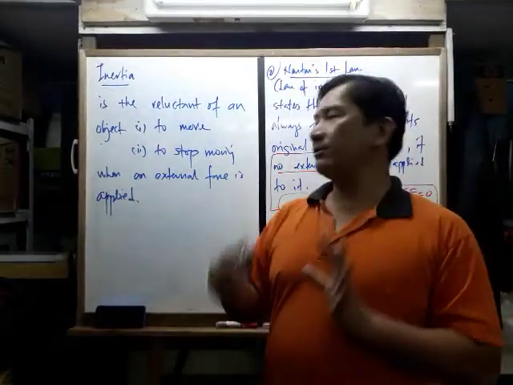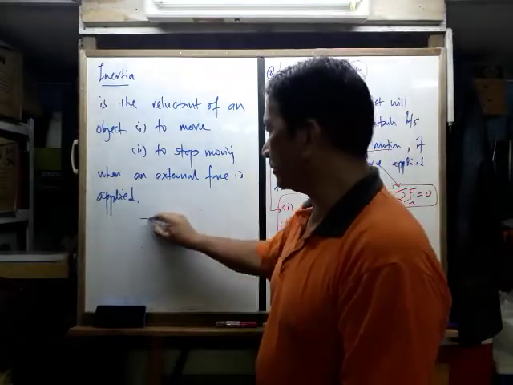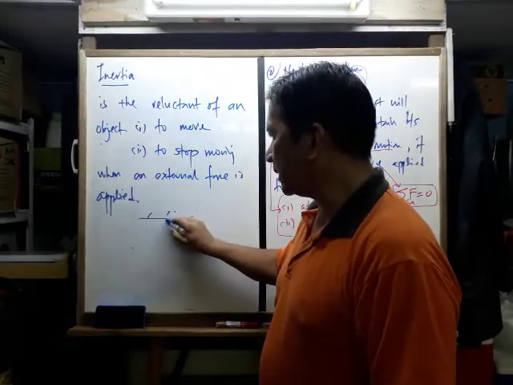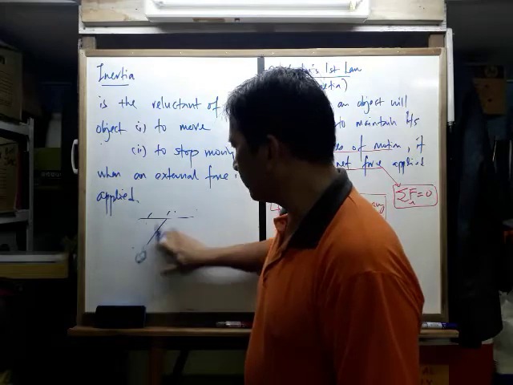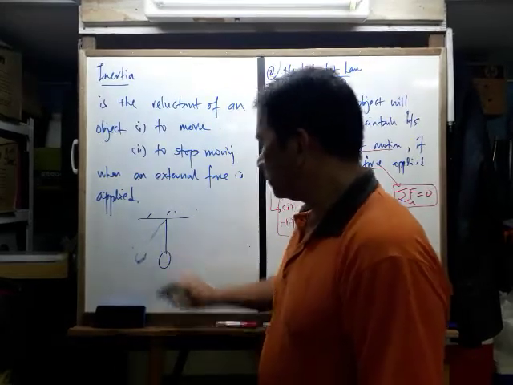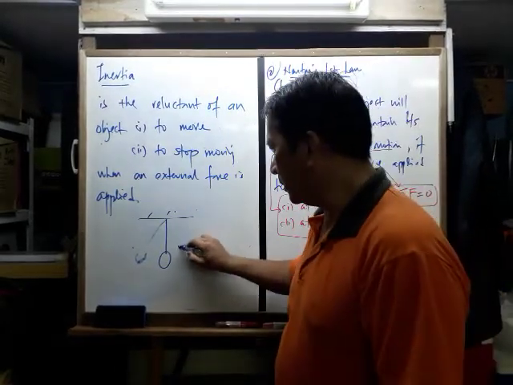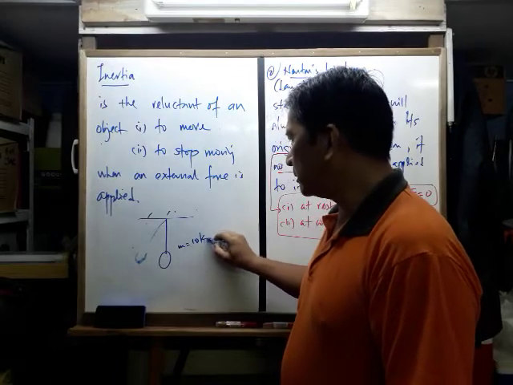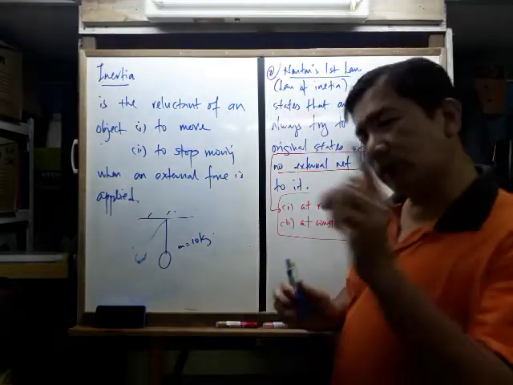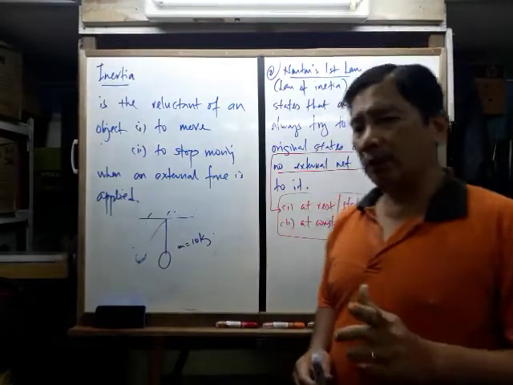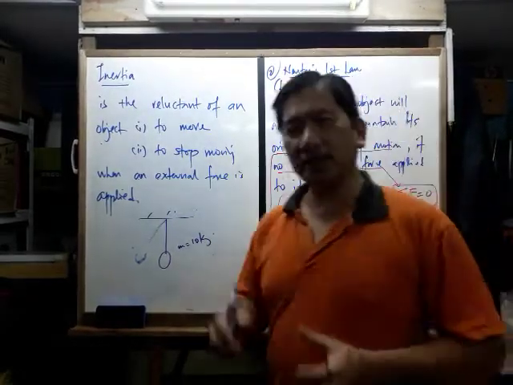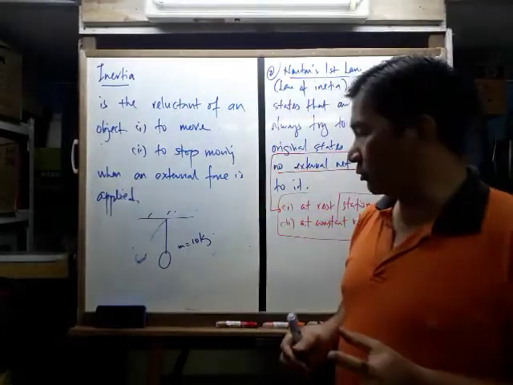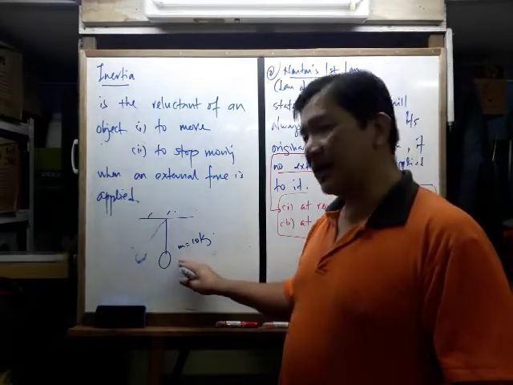Let's say we start with a pendulum. A pendulum from the ceiling, and the mass of this pendulum is 10 kg. Now I ask one of you to push the pendulum. When you start pushing it, a 10 kg pendulum is not so easy to move because it's very massive.